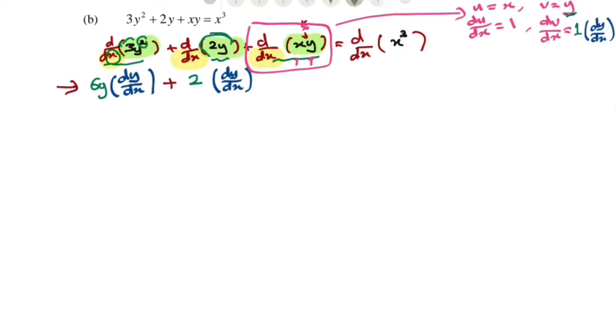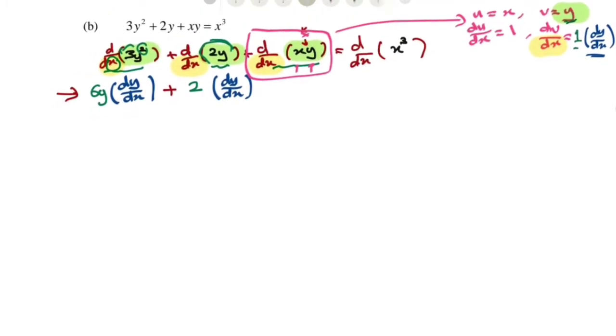Why? Because we want to differentiate with respect to x. But now, this is in terms of y. Y is not a constant. That's why we have to differentiate y as usual. After that, multiply with dy over dx according to the chain rule that we have discussed in example 1a.